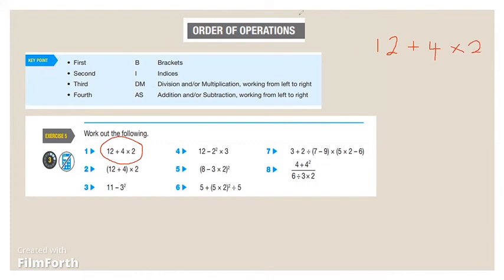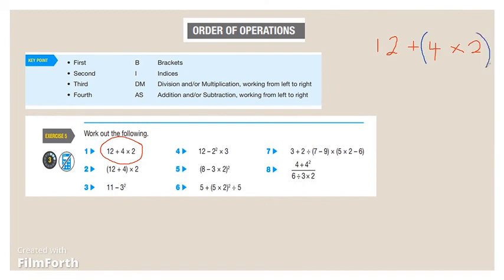If you include BODMAS, then the O stands for off or power. If you include BIDMAS, I stands for indices. That's the difference. According to this, we have to do the multiplication first.